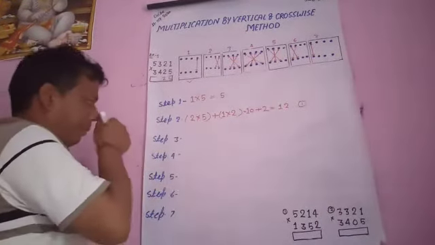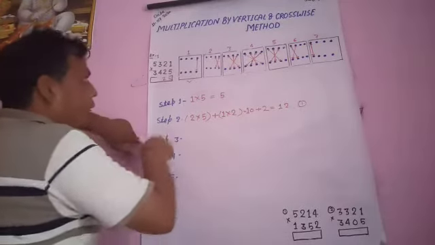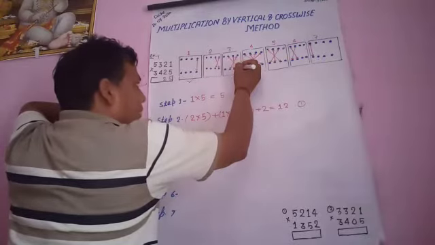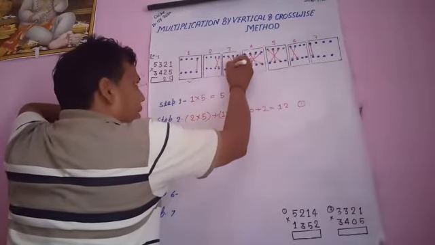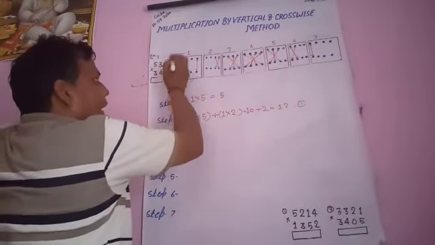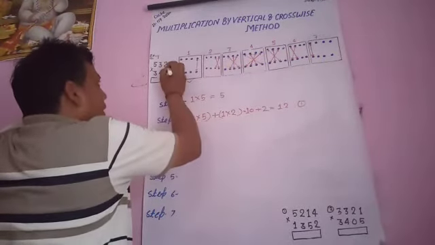Plus 2, next step. Step 3, in this number multiply with this number and this number. This is 1 and 3, 1 and 4.